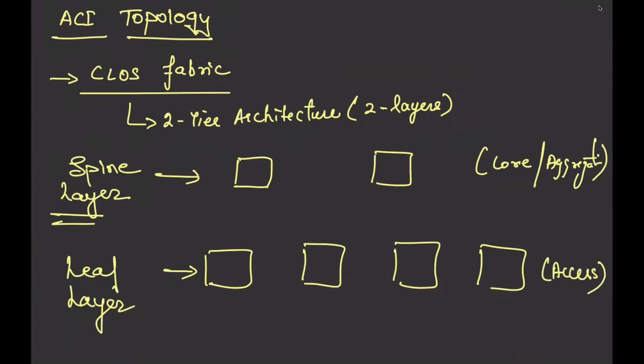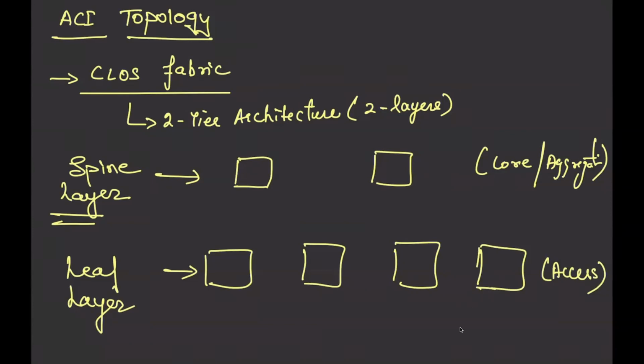So your end devices are going to be connected to this, and not only the end devices, all your other traditional devices are gonna be connected to the access layer. So for this point of time, you need to make sure that everything is connected to access.